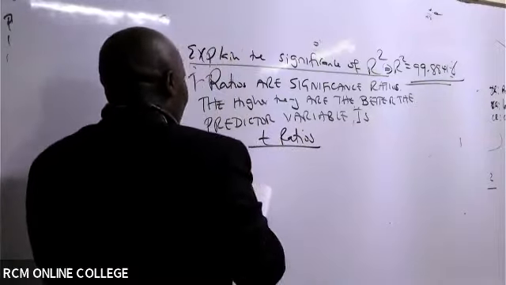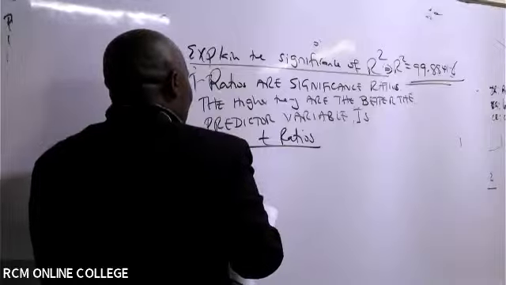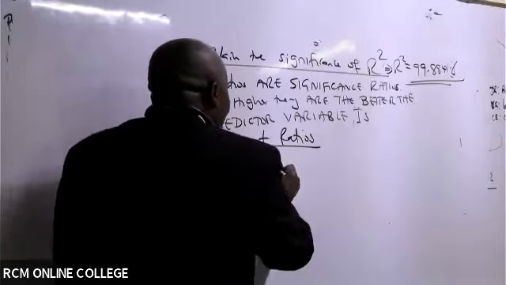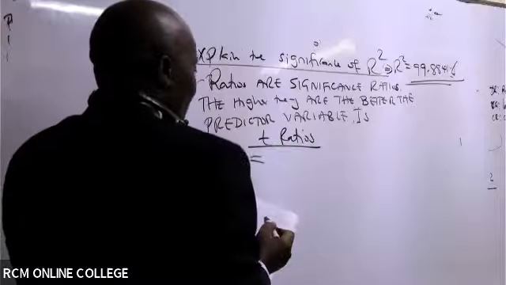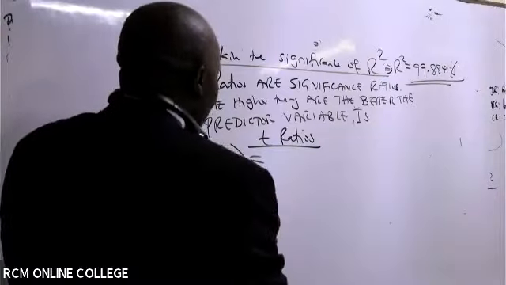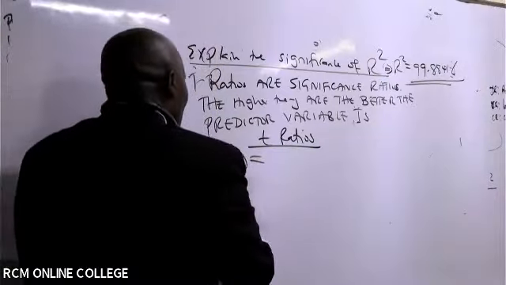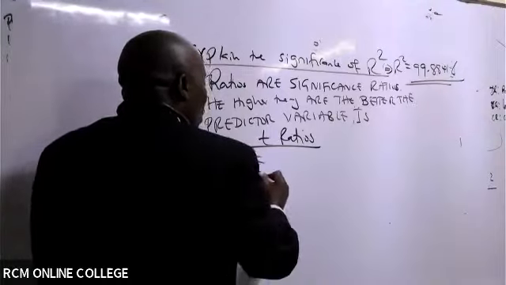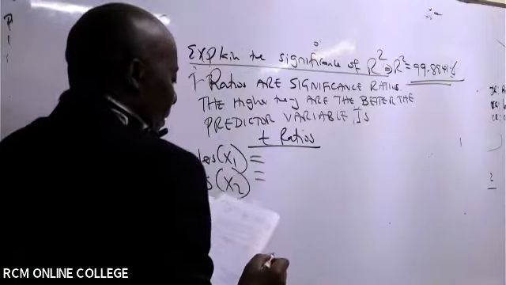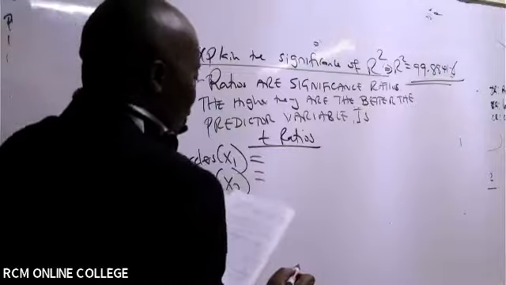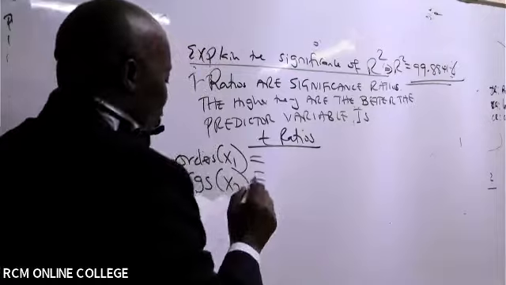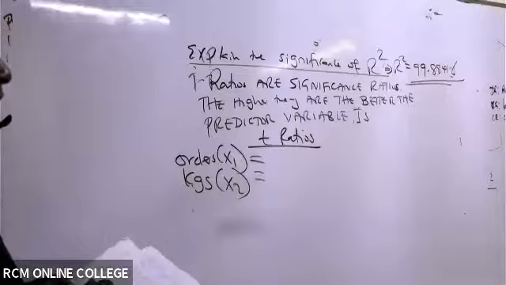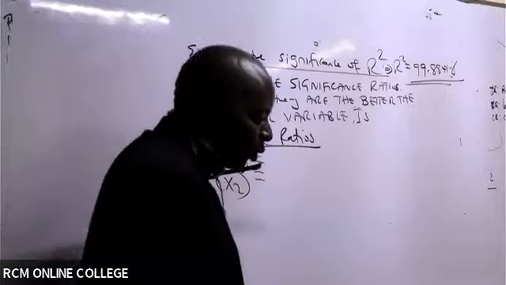They want us to give them T ratios for orders. Remember, orders were our X1, and T ratios for kgs. If you remember, kgs were our X2. So X1, ladies and gentlemen, is there somebody who can see the T ratio for X1?